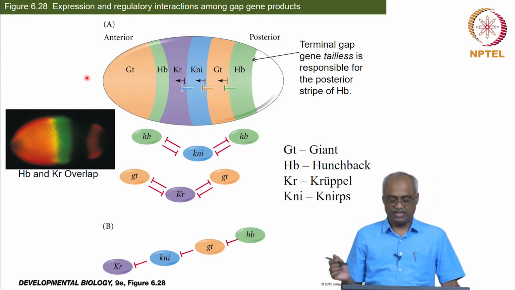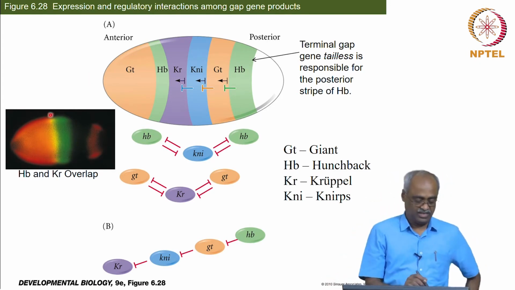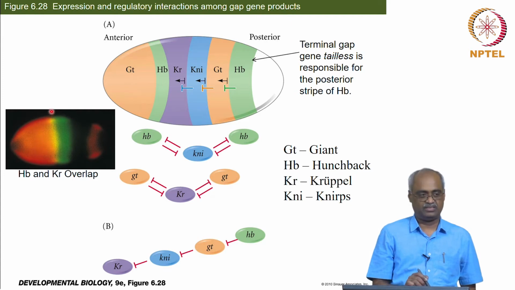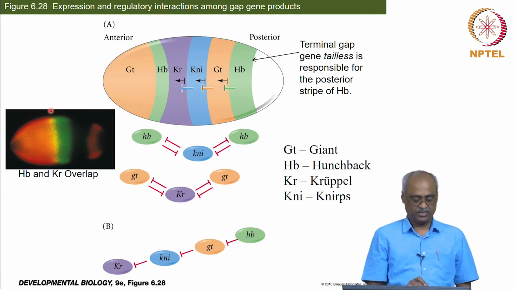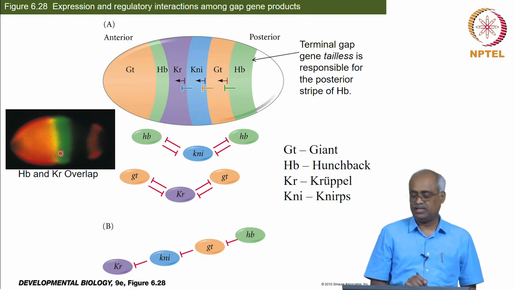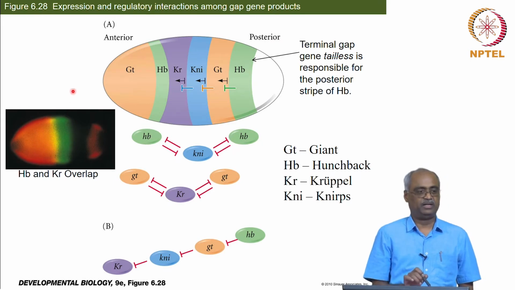And once the gap gene expression pattern is stabilized, as you see here, for example, this particular band of nuclei. This is blastoderm still, okay, syncytium. You see tiny dots in this, and each one is one nucleus. This band of nuclei has a certain expression pattern of the gap genes.